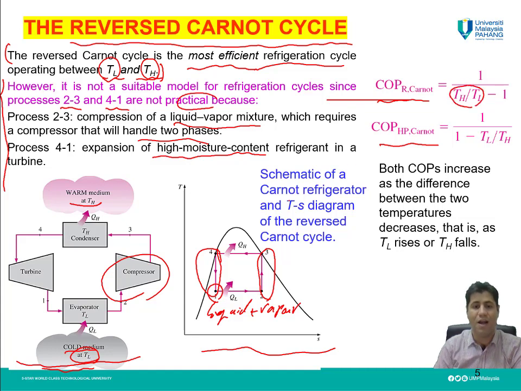TH and TL are the temperature of the condenser, or the warm medium, and the temperature of the cold medium. Similarly, the coefficient of performance for the heat pump is at its maximum when we have the reverse Carnot cycle, and in that case the COP for the heat pump will be equal to 1 divided by (1 minus TL divided by TH), where TL and TH I already introduced to you.